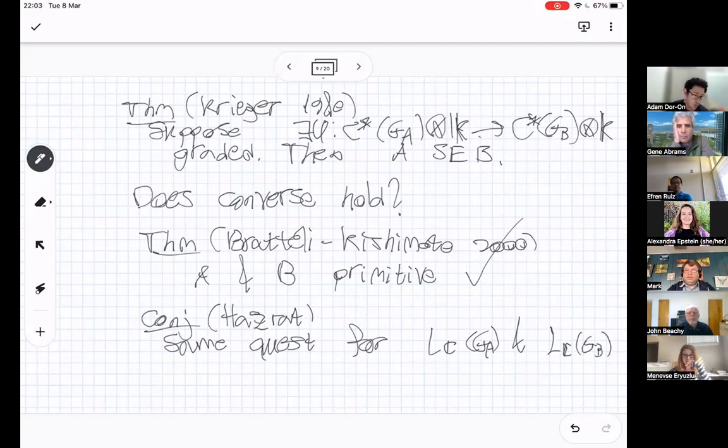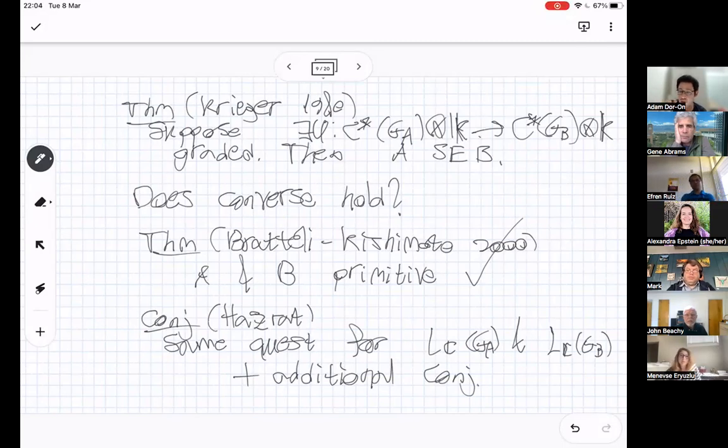But I have to be a little more careful. So you don't just assume shift equivalence. You assume shift equivalence together with the preservation of the representative of the unit in K0, so plus an additional condition. Because Hazrat doesn't necessarily ask for a stable version of this problem.